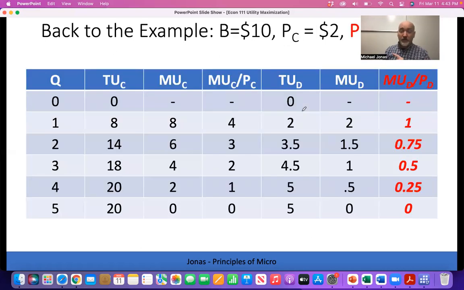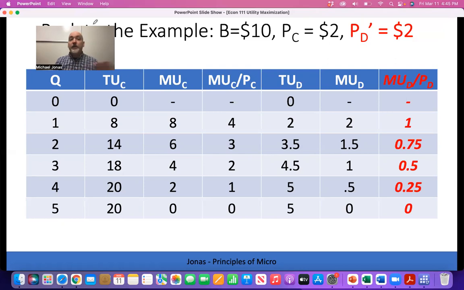Okay, let's see this at work. We're going to go back to the same example. Everything's exactly as it was, except donuts now have a new price level, PD prime. It used to be PD of $1, now it's PD prime of $2. So nothing changed on the coffee side of the ledger here. Total utility is the same, marginal utility is the same, price is the same, so MU over P is the same.